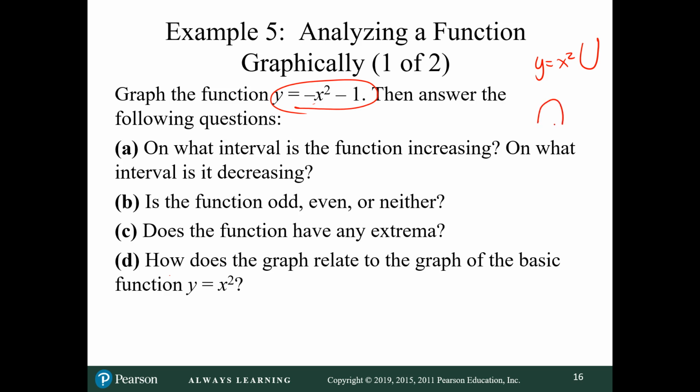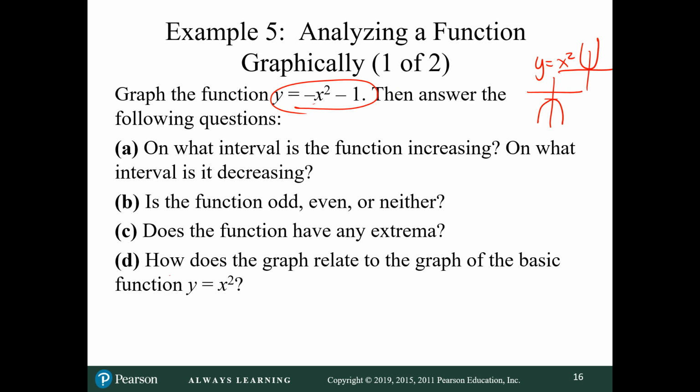It flips down like that. And then this is on the x-axis, and the x and y intercepts. But if it's a -1, this one would go down 1 from it. Okay? So we can take the basic function and figure out what's happening to it. And that's what a lot of today will be.